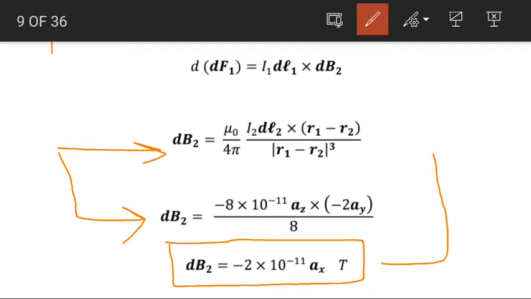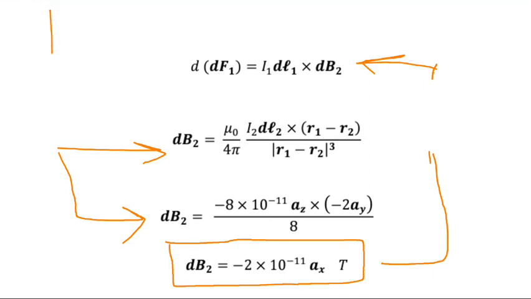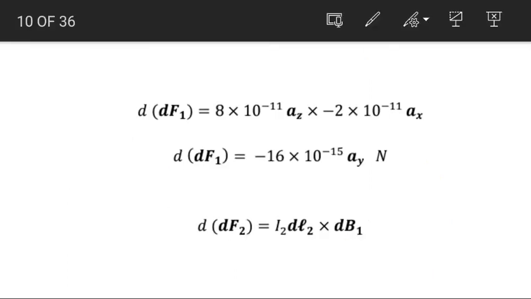Putting the values in this particular equation, the differential force on the first differential current element will be equal to 8 into 10 raised to power minus 11 Az cross minus 2 into 10 raised to power minus 11 Ax.